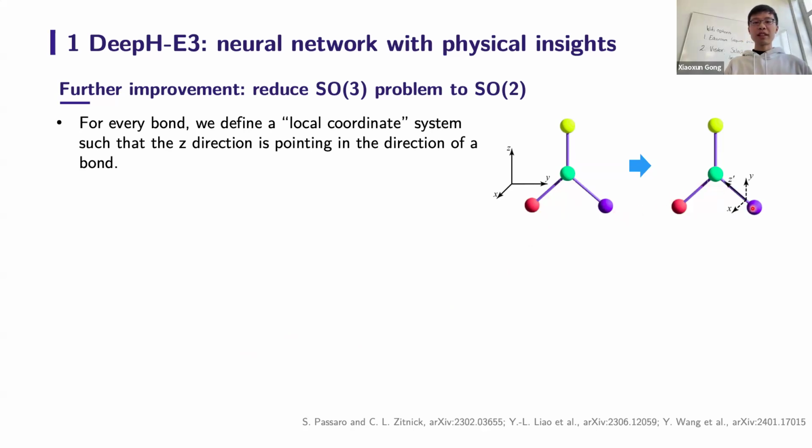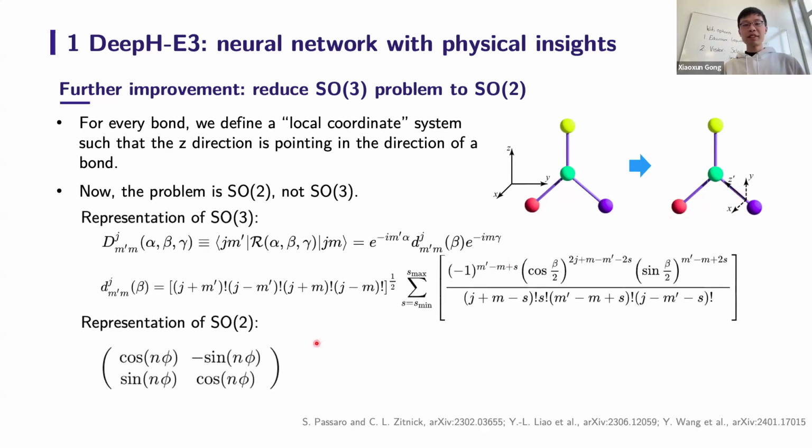We choose this local coordinate system such that the z direction of the local coordinate is pointing in the direction of the bond. So instead of a rotation degree of freedom in a three-dimensional space, we reduce our problem to a degree of freedom which is rotation in the xy plane, because we keep the z-axis fixed. So we reduce the problem from SO3 to SO2.